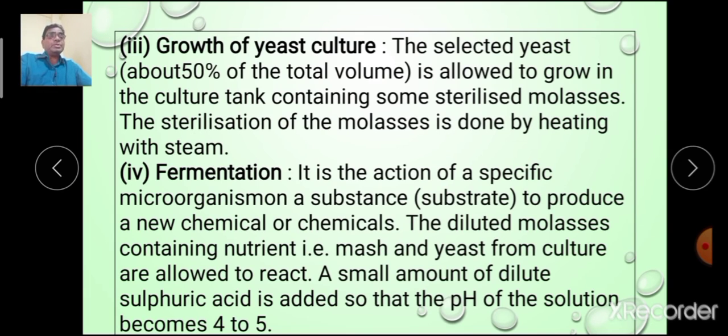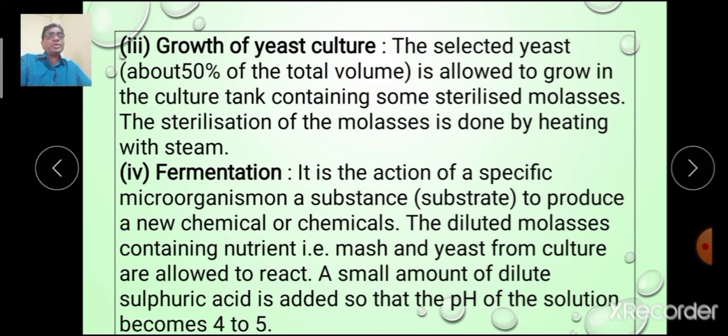That is, yeast is grown in this medium because this yeast is to work with our molasses, and therefore it is grown in sterilized molasses. That is, the yeast learns the work it has to do. Okay. Now when diluted molasses and yeast are combined, the fermentation process starts in the fermentation tank.